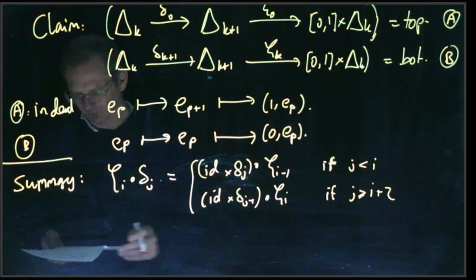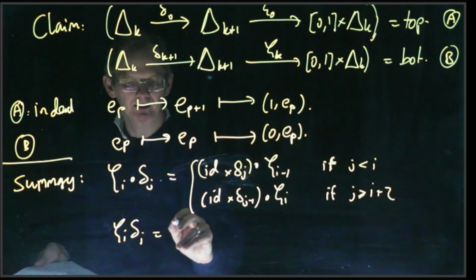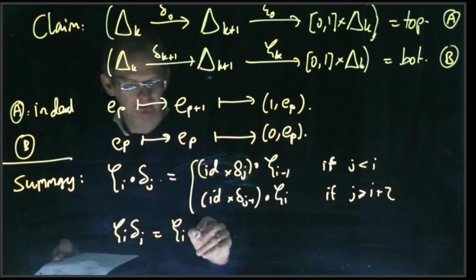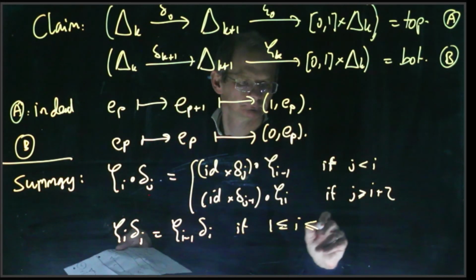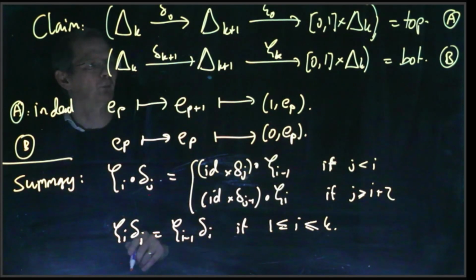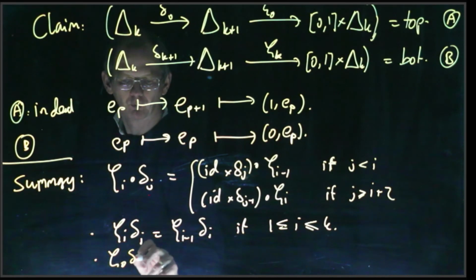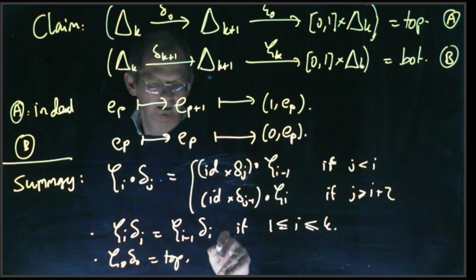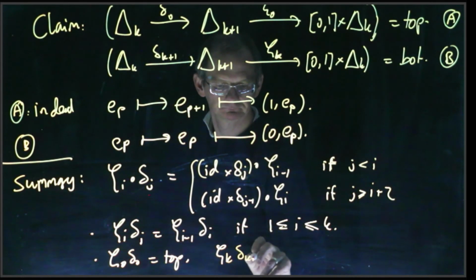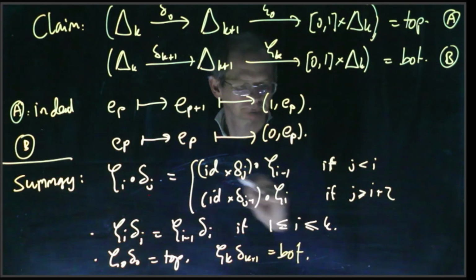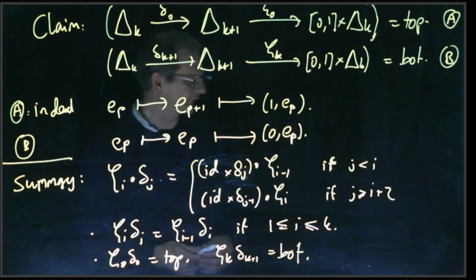And zeta I delta I is the same as zeta I minus 1 delta I, for I from 1 up to K. Then zeta naught delta naught is the top, and zeta K delta K plus 1 is the bottom. That tells you about all the boundary faces of all the zetas.